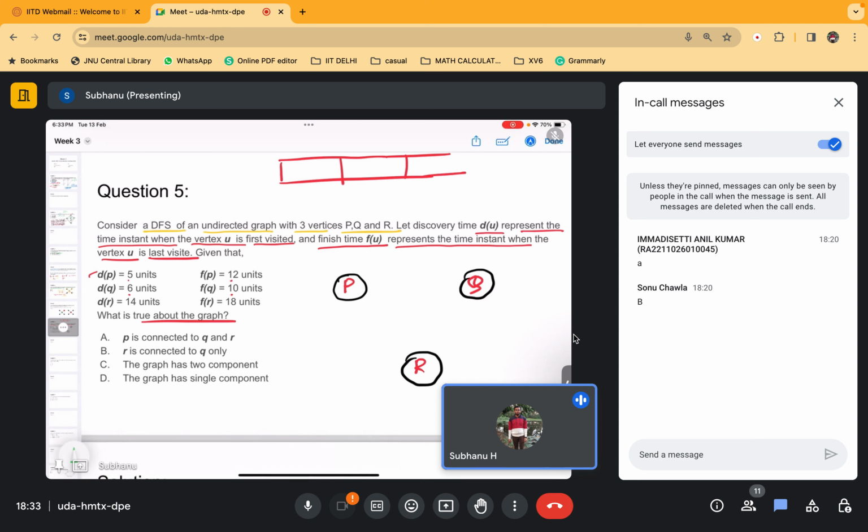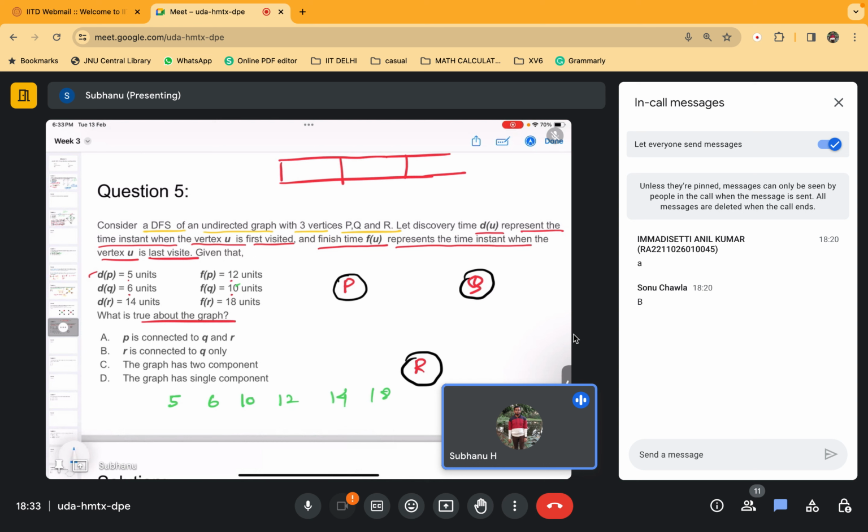You can see that the time instances are given, so we can sort them out. 5 units is here, 6 is here, something also happened at 10. I'm just writing by sorting the timings. 12 is here, 14 is here, and 18 is here.